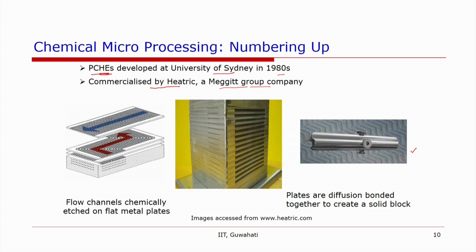One of the challenges in numbering up is the uniform distribution of the reactant in the channels, because when one has the fluid coming from the manifolds, it is very difficult to distribute the liquid or gas equally in the channels, and this becomes even more challenging when one is dealing with multi-phase flow systems.